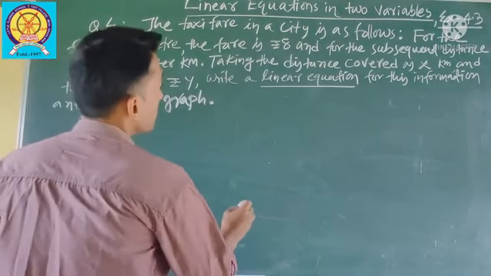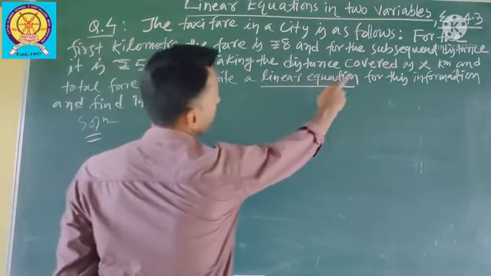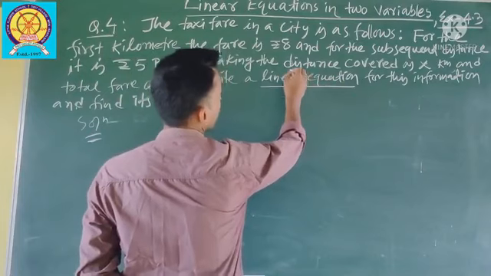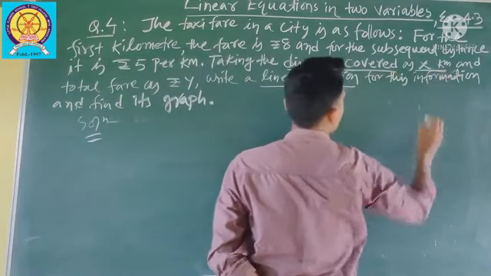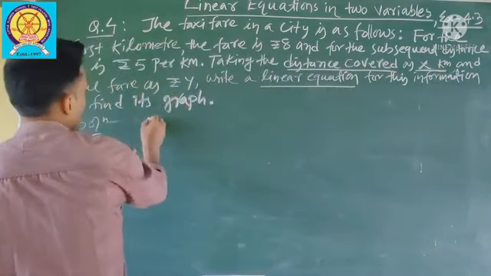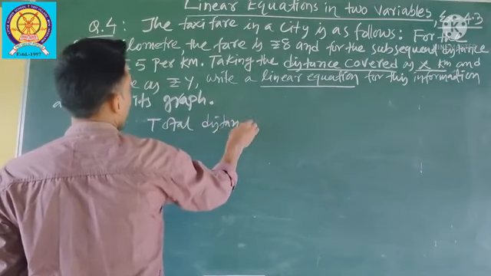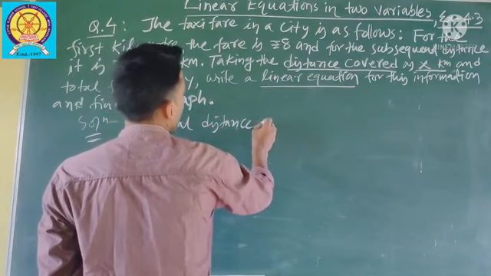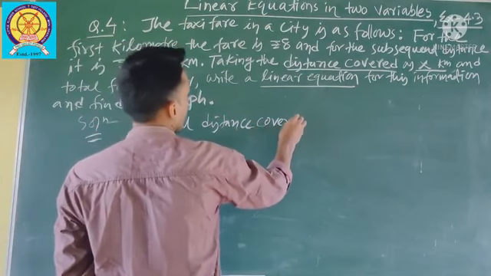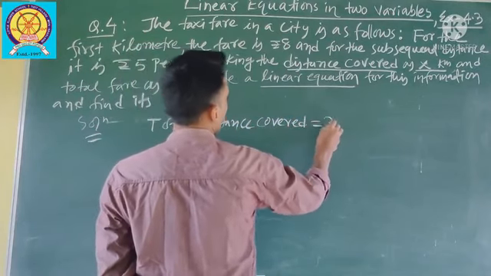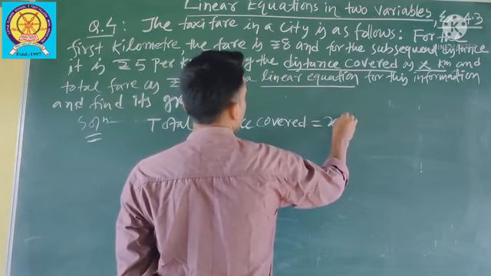So what is given? You see, total distance covered: how much is given? x kilometers.